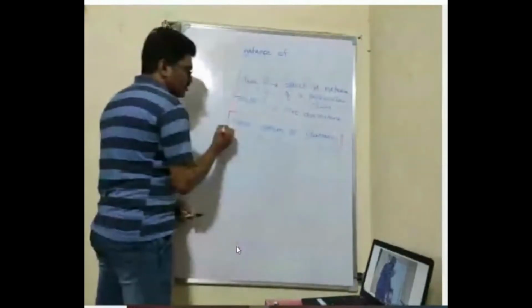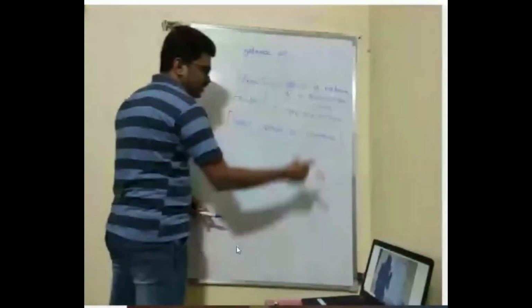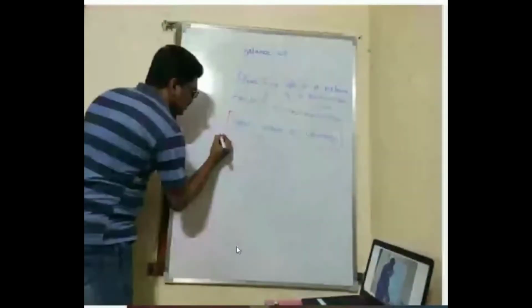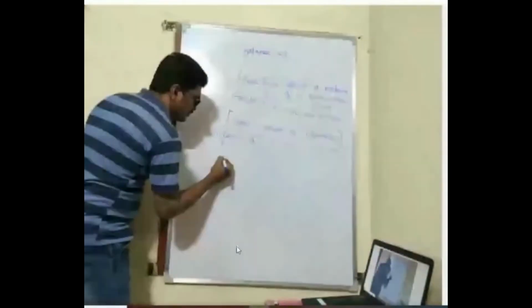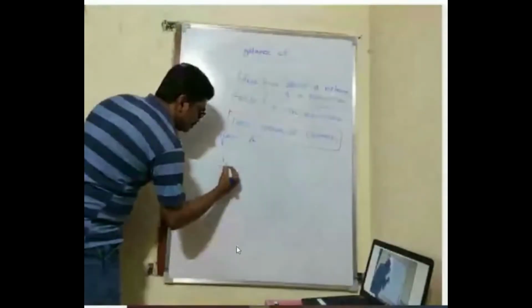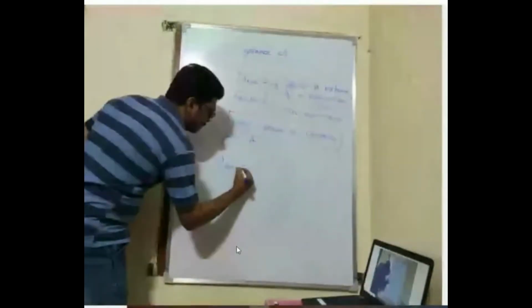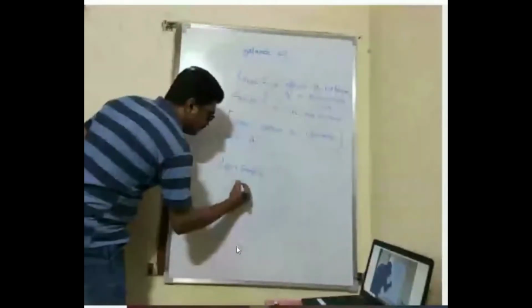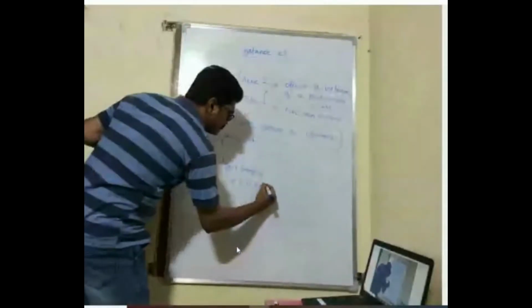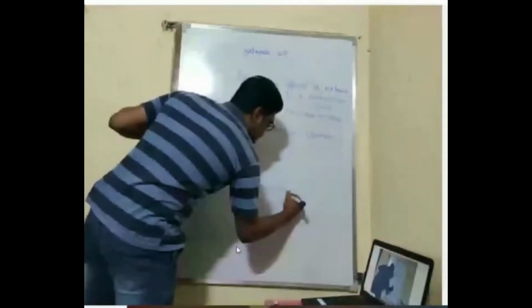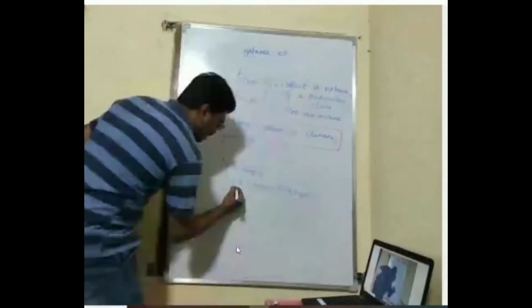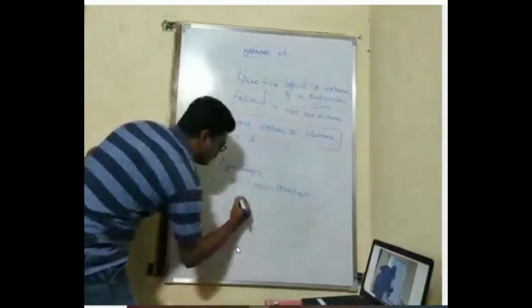Now I'll write a sample here: class A. This is my main class Sample, public static void main, String args. Now I create an object, A1 is equal to new A.